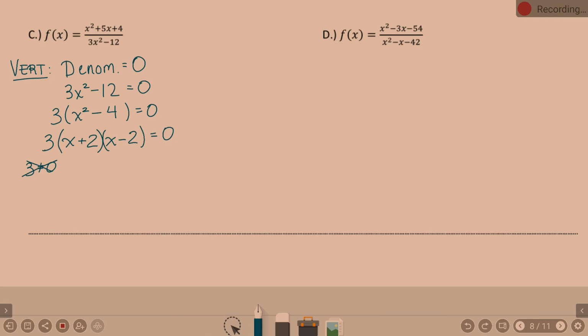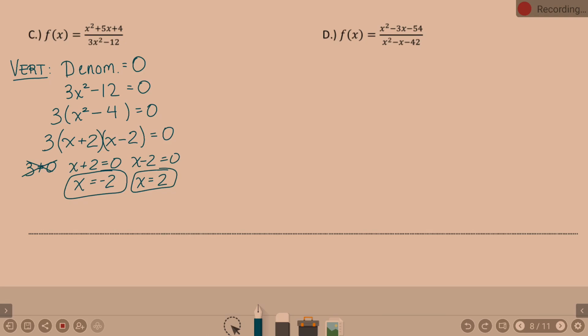Then it matters. If it's just a constant, a number, no worries. Okay, so x plus 2 equals 0, and x minus 2 equals 0. What answers do we get? You get x equals negative 2, and you get x equals positive 2.